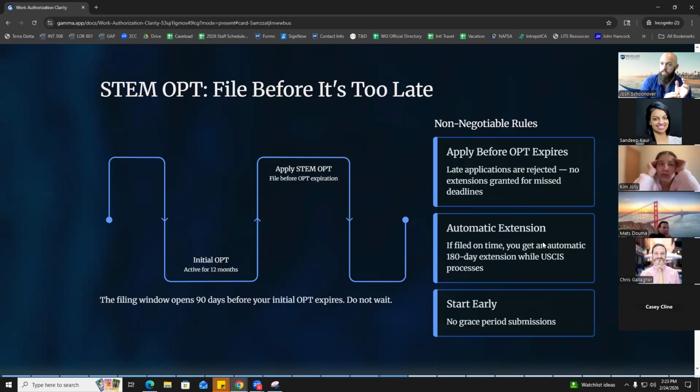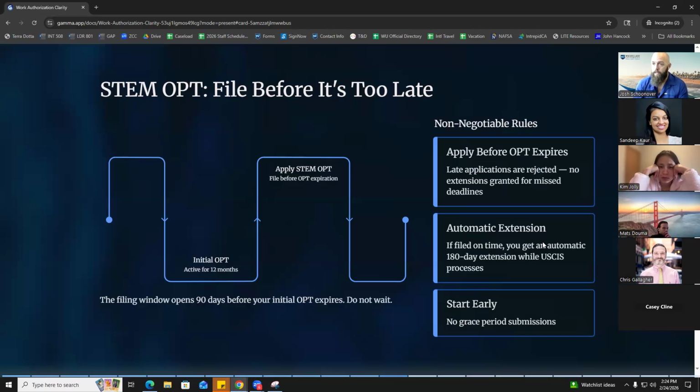The good news is when you're applying for OPT, you have to wait until you get approval, and you can't start working until you get the EAD card. When you apply for the STEM OPT extension, because you're already working, you're granted an automatic 6 month extension of work authorization while your request is being processed.